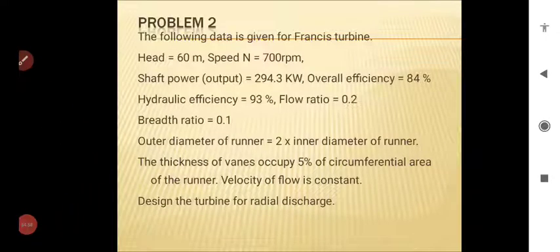Now the third problem. First we solved one problem, and just now we completed the second problem, and finally we have to solve this third problem. The following data is given for a Francis turbine. Head is equal to 60 meter, speed is equal to 700 rpm, output shaft power is equal to 294.3 kilowatt. Overall efficiency is equal to 84 percent.